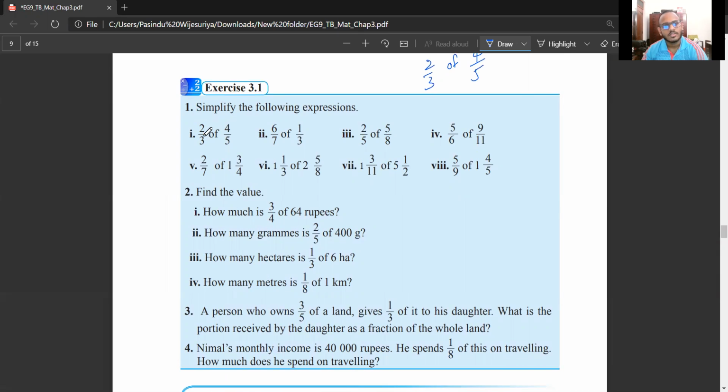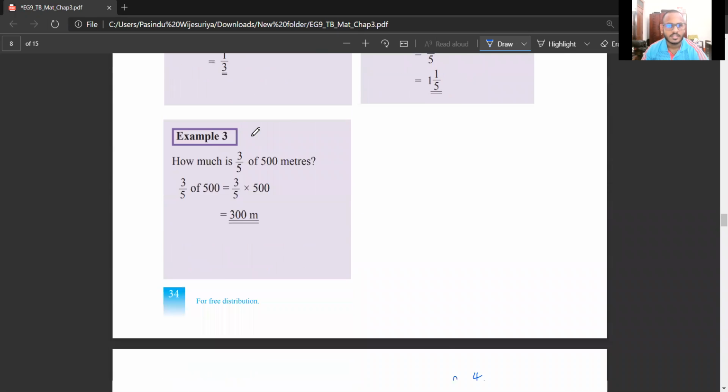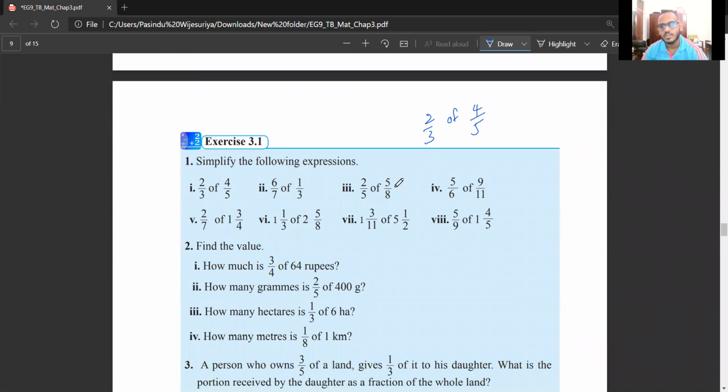What they're asking is 2 over 3 of 4 over 5. So the basic thing is that you just have to multiply the numbers and see what answer you get.